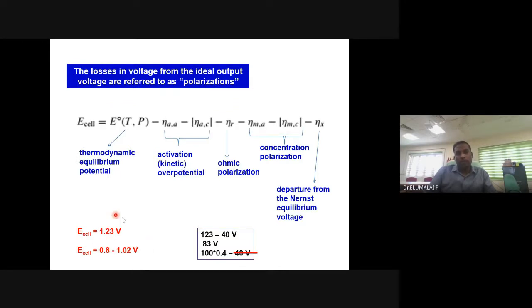Theoretically you will have to get 1.23 for a hydrogen oxygen fuel cell. But you have so many losses: thermodynamic losses, activation losses, ohmic losses, concentration losses, and a departure from the Nernst equation. Each can be quantified.